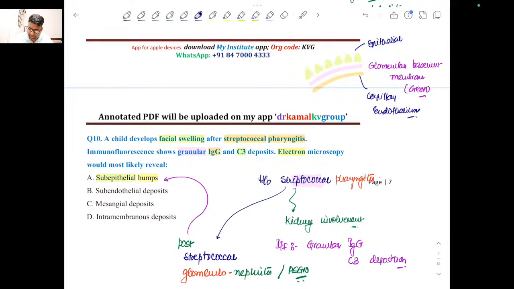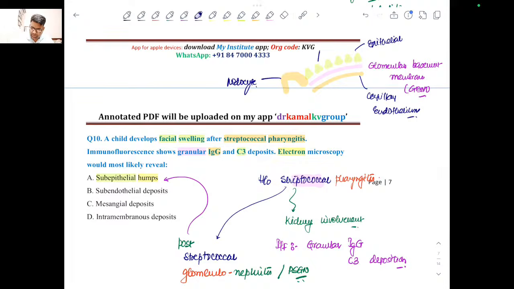Now if there is deposition somewhere here, it is subendothelial. If the deposition is something like this, it is subepithelial, and sometimes under the podocytes we can see the subepithelial humps. So, suppose I draw the podocyte something like this. If there is any deposition here, this is a subepithelial hump. That is very characteristic of PSGN.